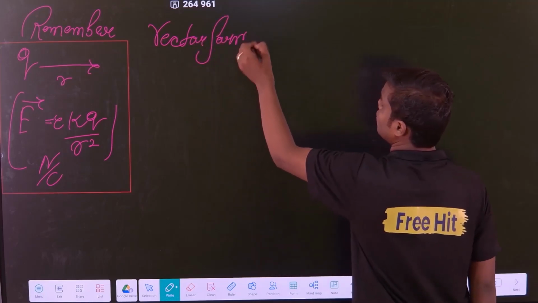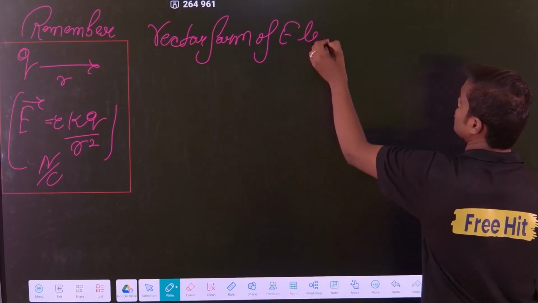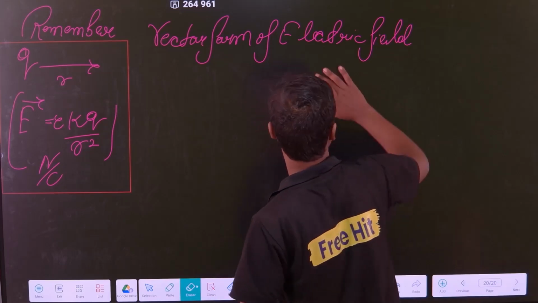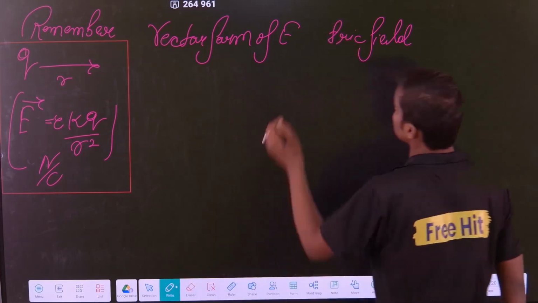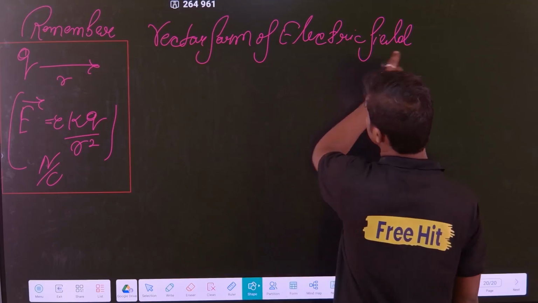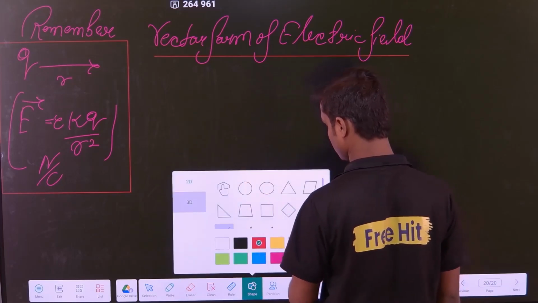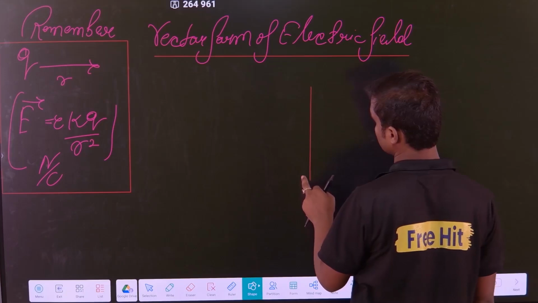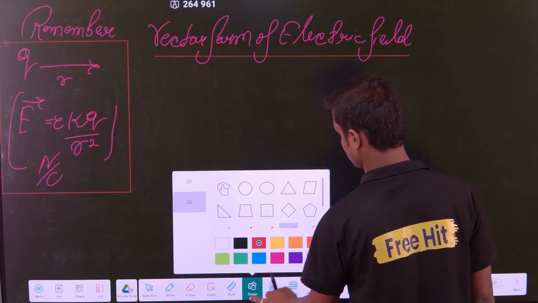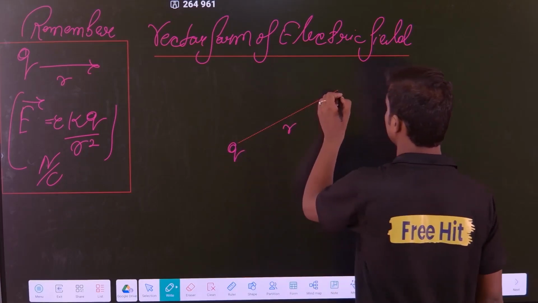Vector form of electric field. So suppose there is a charge Q, and suppose this distance is R. At this point I want to calculate the field.